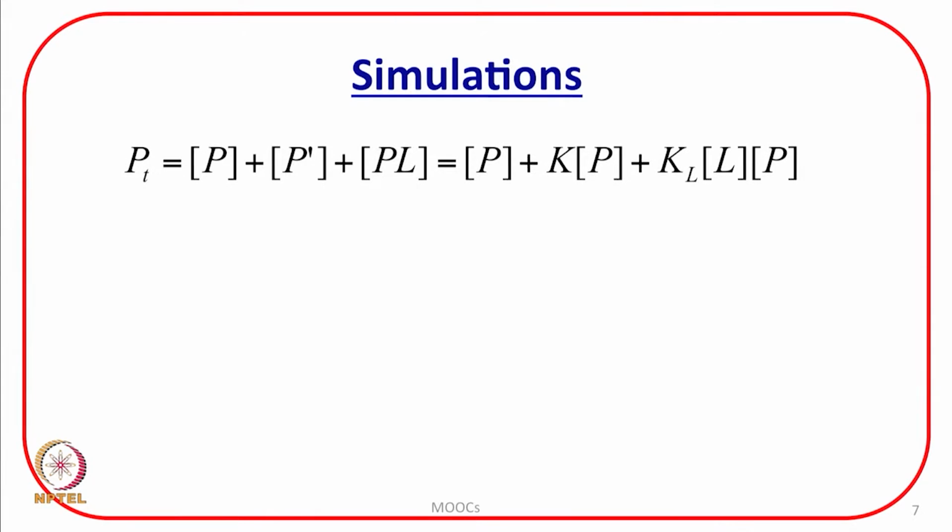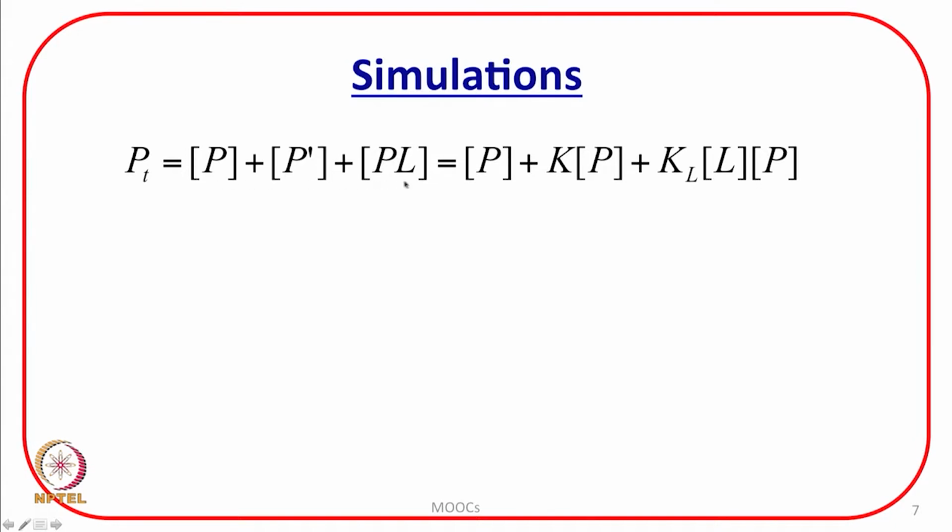Total protein concentration in solution is equal to the concentration of protein in the native form, which is free, plus the concentration of protein in denatured form, plus the concentration of protein which is in ligated form.